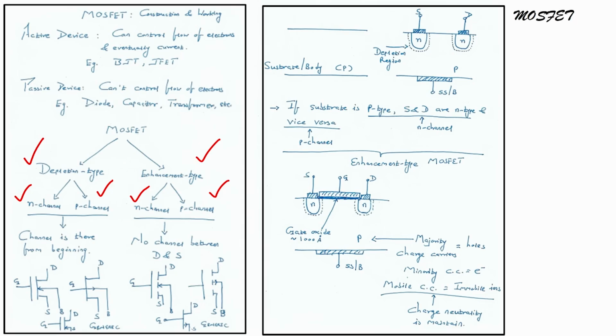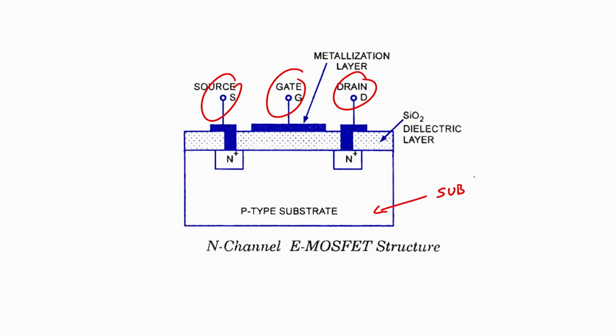Now, when we talk about depletion type MOSFET, the channel is already there in the beginning. When you talk about enhancement type MOSFET, there is no channel between source and drain. What does that mean? In this structure that we have seen, is there a channel? There is no channel.